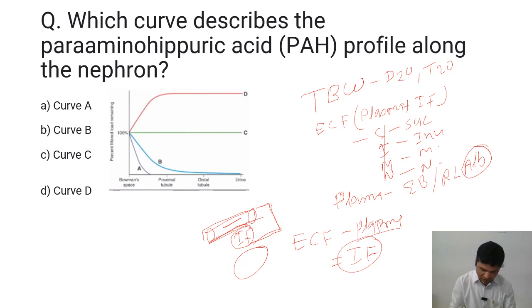For ECF we can use inulin, any of them, but here the option is inulin, and for plasma we can use Evans blue dye. So these two dyes were in the options: inulin for extracellular fluid and Evans blue for plasma, and from ECF minus plasma we will get the interstitial fluid volume.